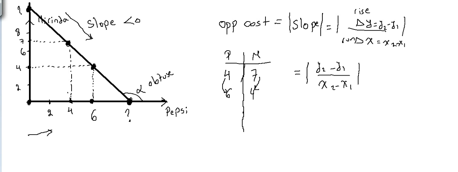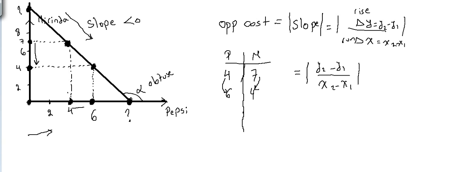We can prove that with the tangent, because the slope is the tangent of the angle. I will not talk that much math now, but we just have to see how to find the opportunity cost. This point has 7 as y, and this point has 4 as y, so we are going from 7 to 4, down. For ordinate 7, abscissa is 4, and when ordinate is 4, the abscissa is 6.